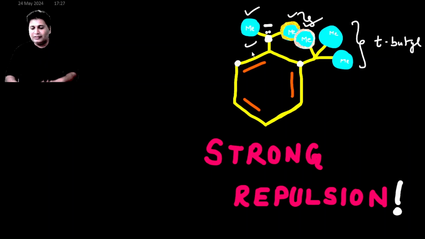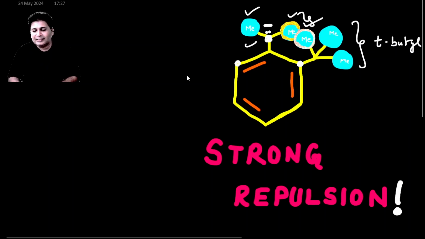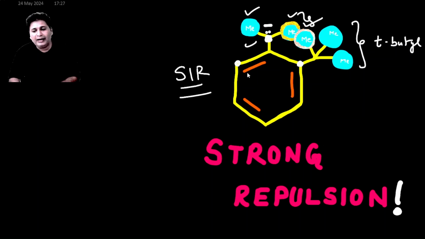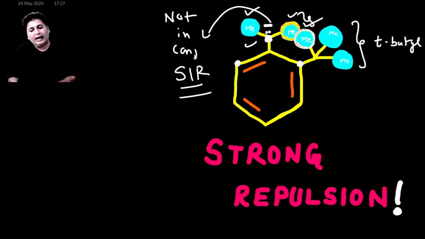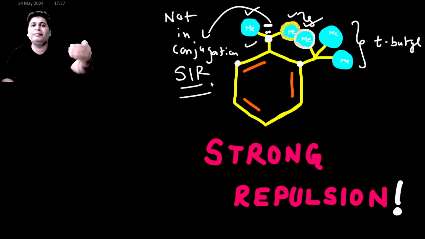So now in this case, again it's a case of steric inhibition of resonance, and this minus charge is now not in conjugation, and it loses the opportunity to avail the resonance delocalization. Now the minus charge will not be delocalized in the benzene ring.